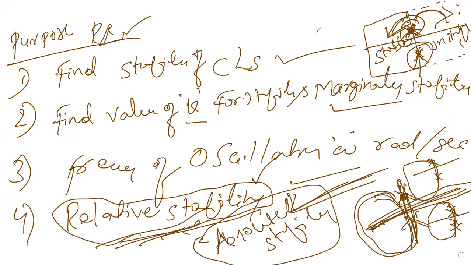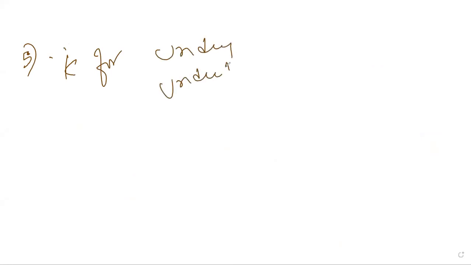So we have one more purpose of root locus, that is we have to find the value of K for undamped, underdamped, overdamped, and critically damped systems.